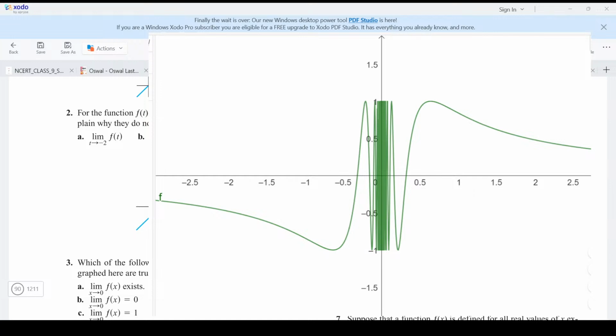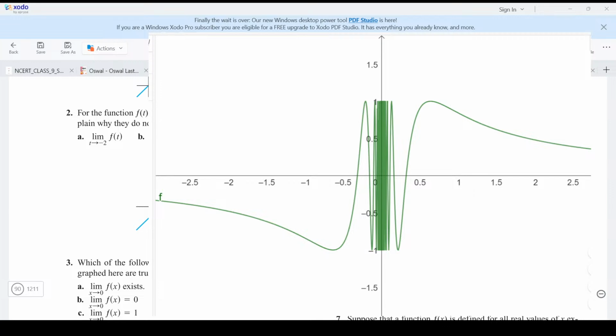When x is approaching 1, what are the two ways of approaching? One from left, one from right. One from left means something lesser than 1, and right means something greater than 1.